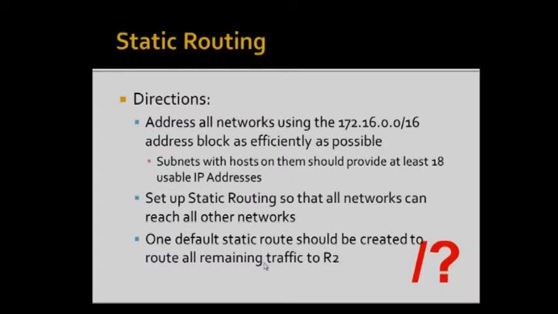We have to address all of the networks using that address block, and we need to do it as efficiently as possible. So the basic rule of this kind of concept whenever you're called upon to do this is you need to subnet and allocate addresses for the largest known LAN segment first.